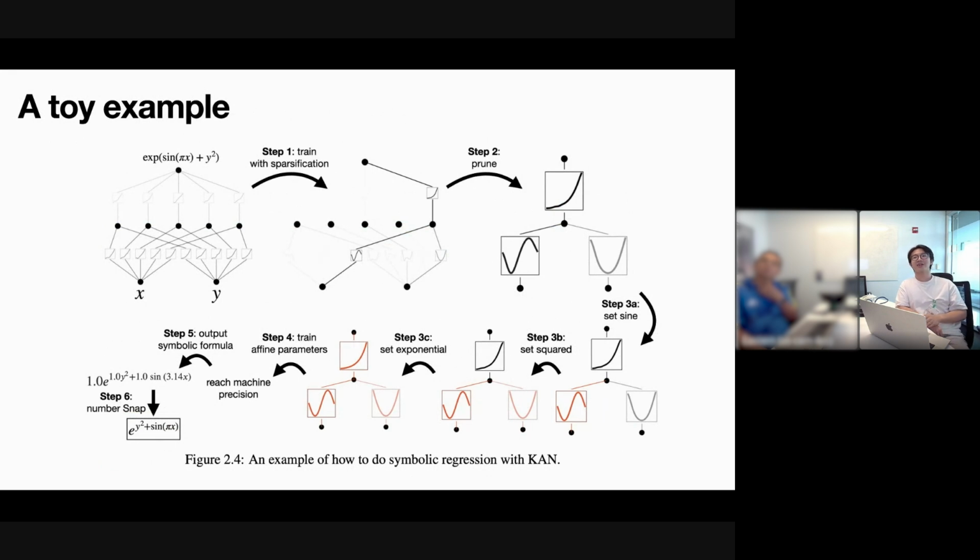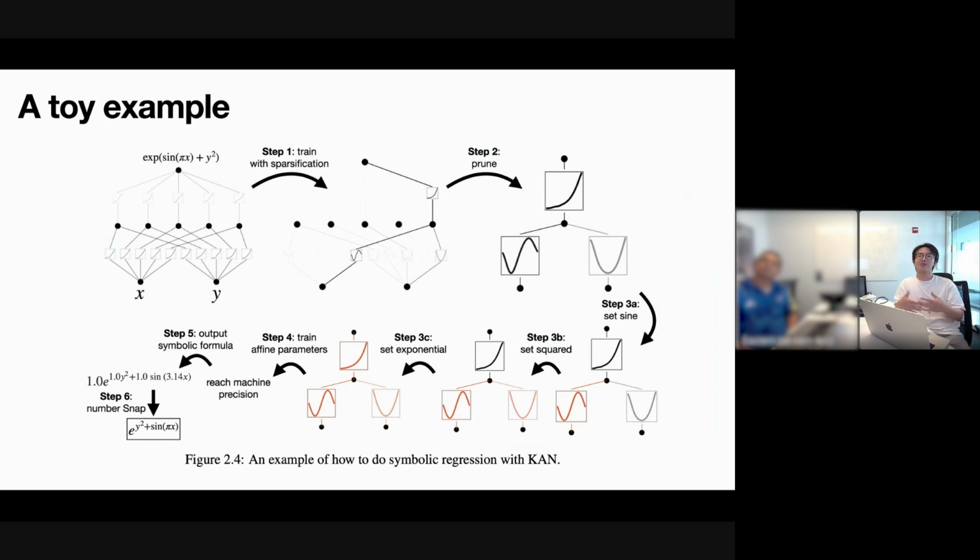So I will give you one more example to give you a sense of what I mean by communicating with KANs. So here is again a very simple symbolic task, where we have x and y as input, and a symbolic formula as output. In step one, we train the network to encourage it to be sparse, and then in step two we prune the network to get the backbone, which really does the computation. Then we notice that the bottom left activation looks like a wave, so we should probably set it to be sine.